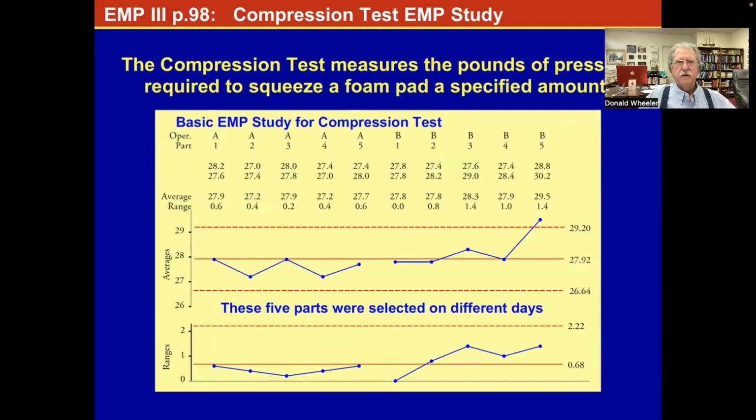Page 98, the compression test, measures the pounds of pressure required to squeeze a foam pad a specified amount. The 5 parts used in this study were selected on 5 different days.